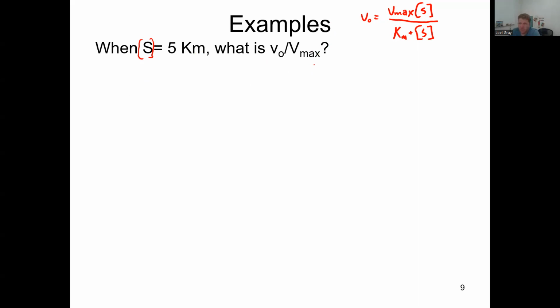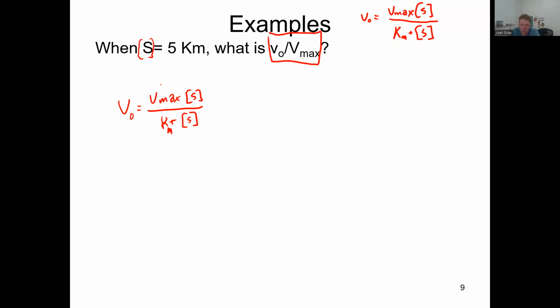Now, this question is asking you basically to do a little bit of algebra. What it's asking is, if you took this equation, V sub 0 equals Vmax times substrate concentration over Km plus substrate concentration, how can you manipulate this to get V sub 0 over Vmax?